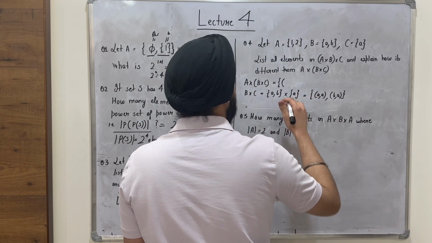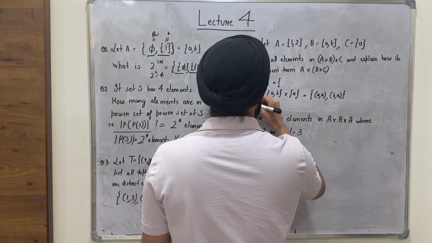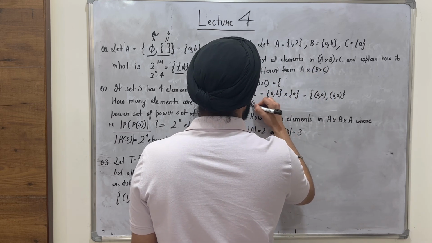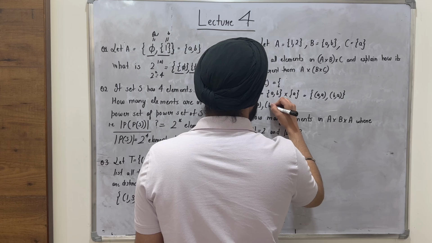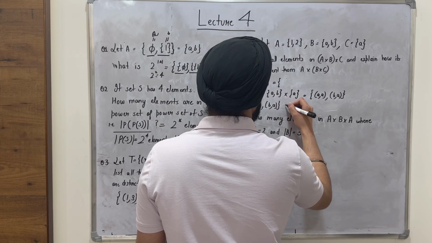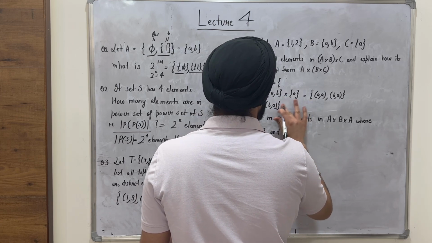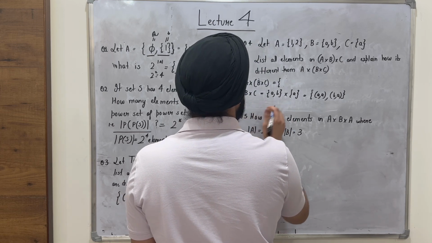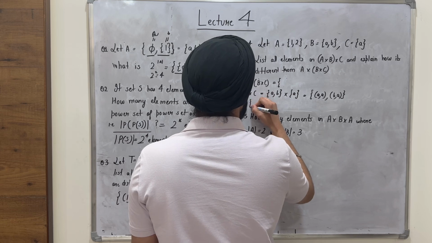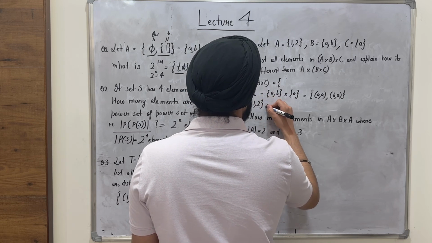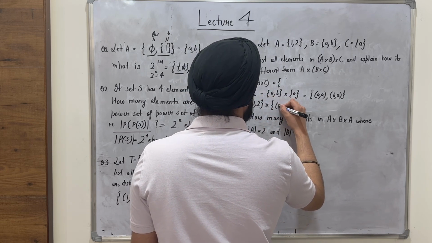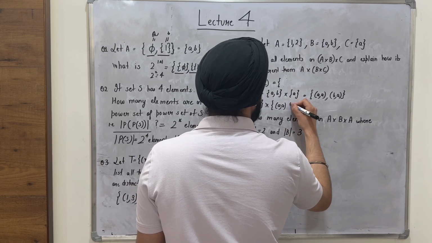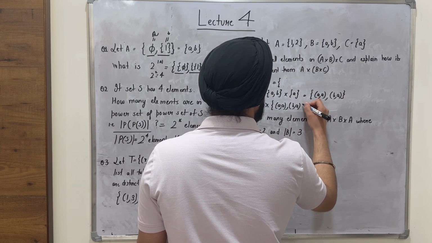Now I'm supposed to do a Cartesian product of this with A, right? But I need to understand that the A is on this side of the equation. So {1, 2} Cartesian product with {(A, A), (B, A)}.